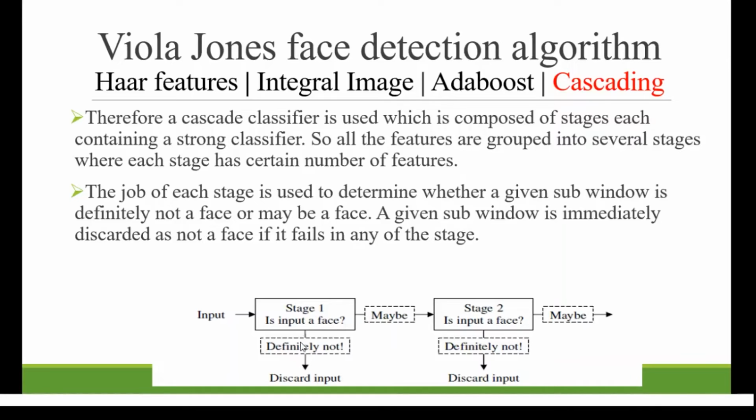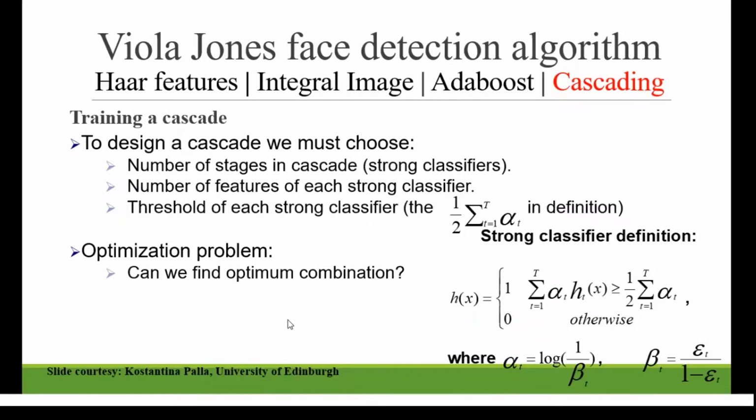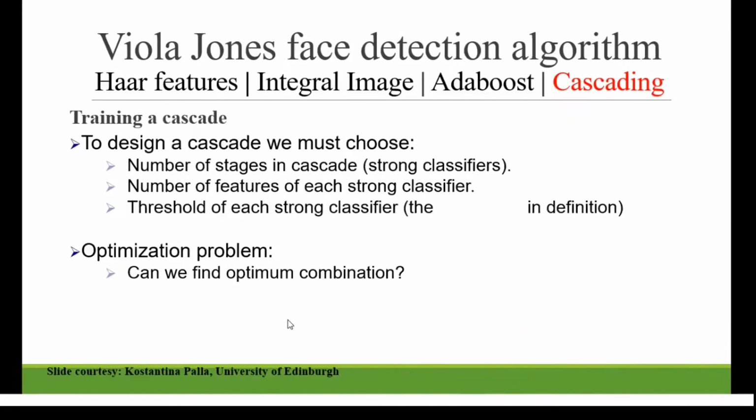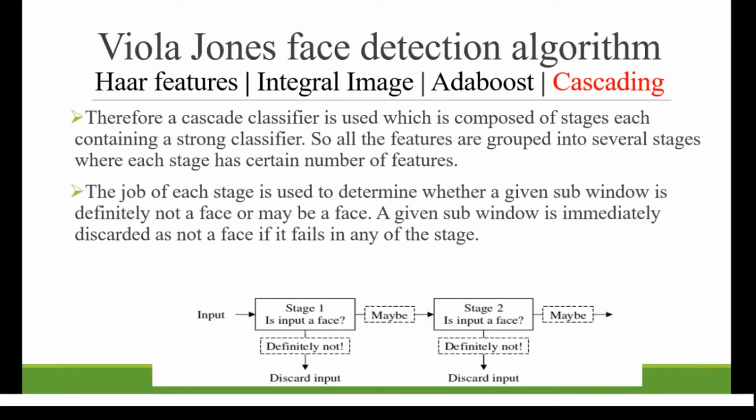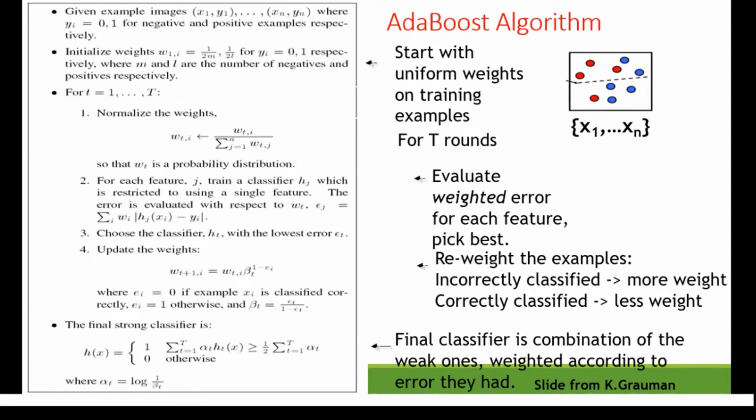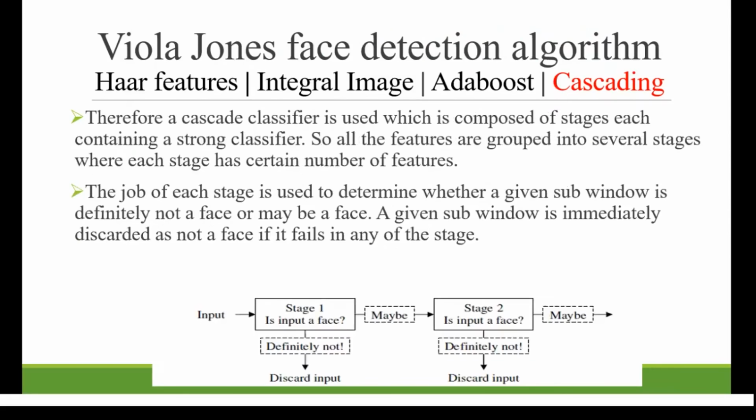This way, all the images which definitely don't have an object, we don't have to process them further. So that way we save a lot of computation.